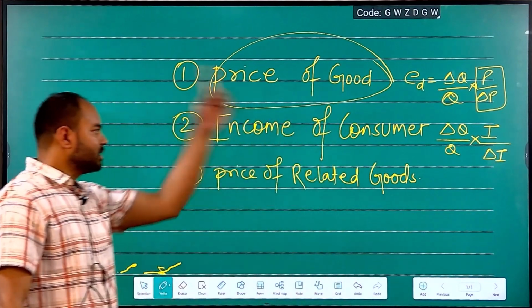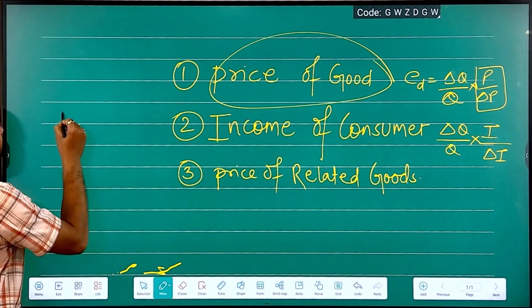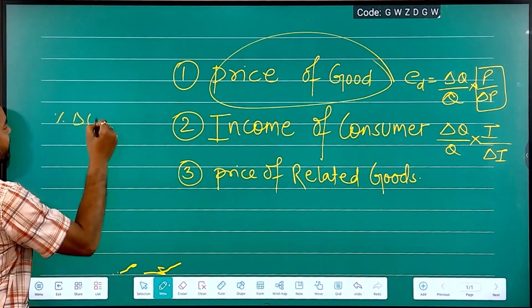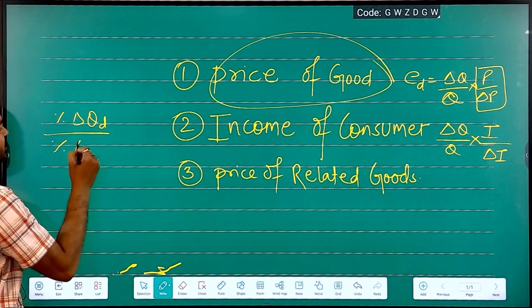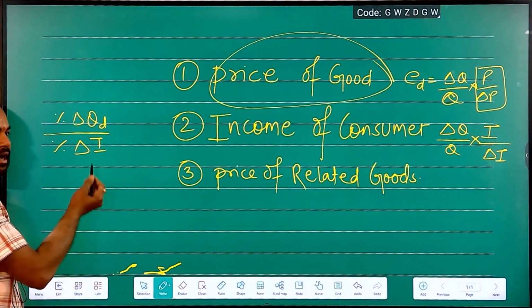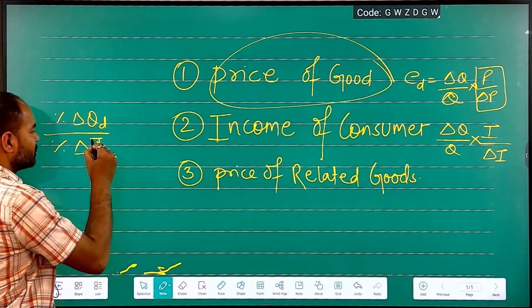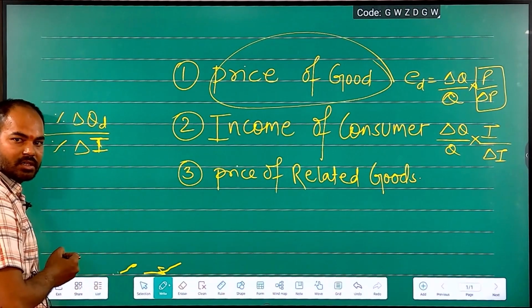Or you can understand this with reverse engineering also: percentage change in demand with respect to percentage change in income. For instance, I am writing income as I, you may see Y in your textbook, it doesn't matter, this is just a formal notation.